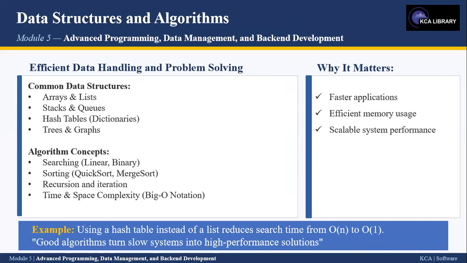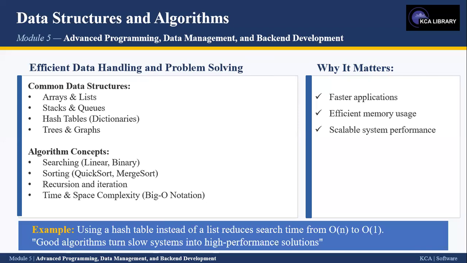Good back-end engineers know how to handle data efficiently. Common data structures are arrays, lists, stacks, queues, hash tables, and dictionaries for fast search, and trees and graphs for hierarchical or connected data.